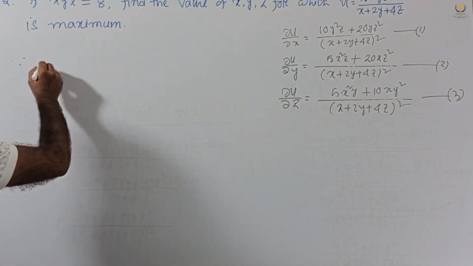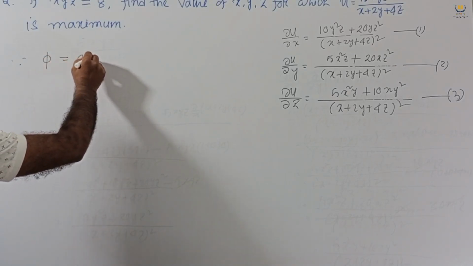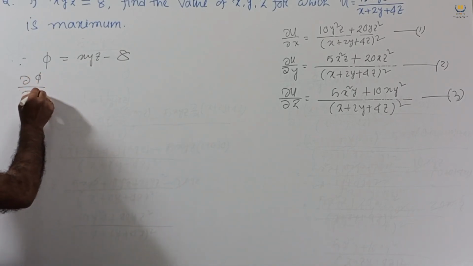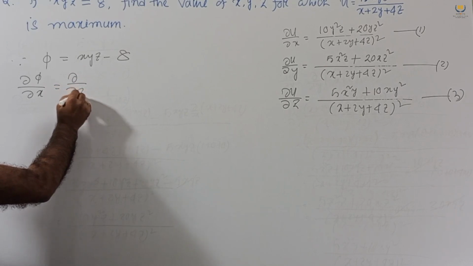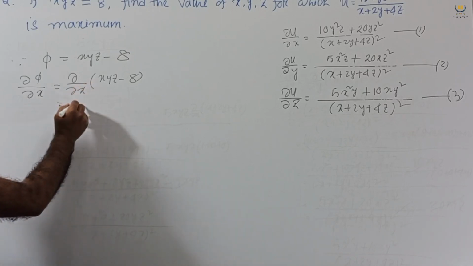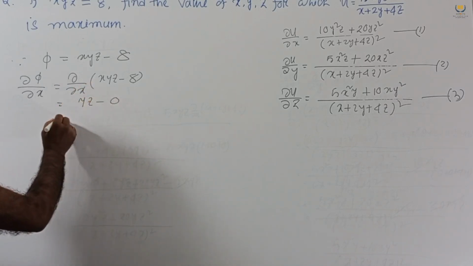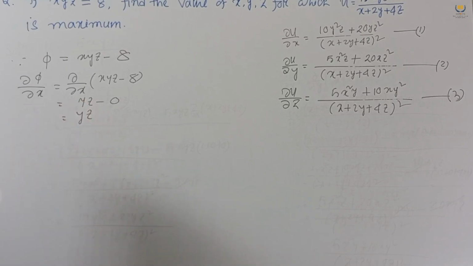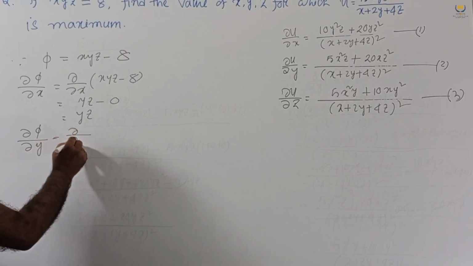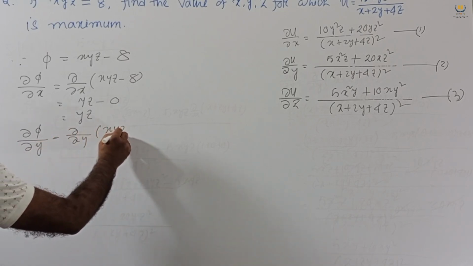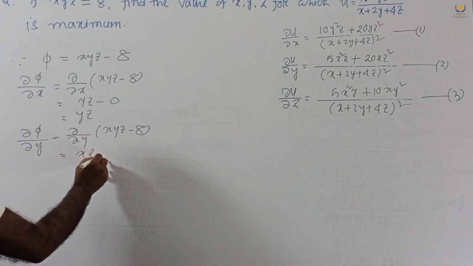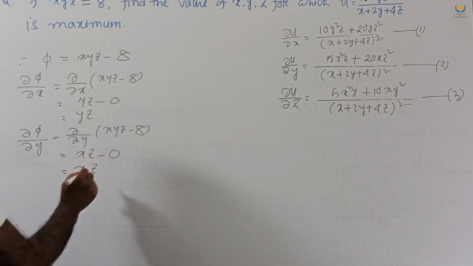Since phi equals xyz minus 8, del phi by del x is del x of xyz minus 8, which is yz minus 0, that is yz. Del phi by del y is xz minus 0, that is xz.